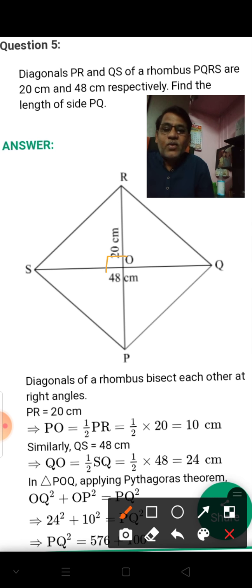So in triangle POQ, you can use the Pythagoras theorem.